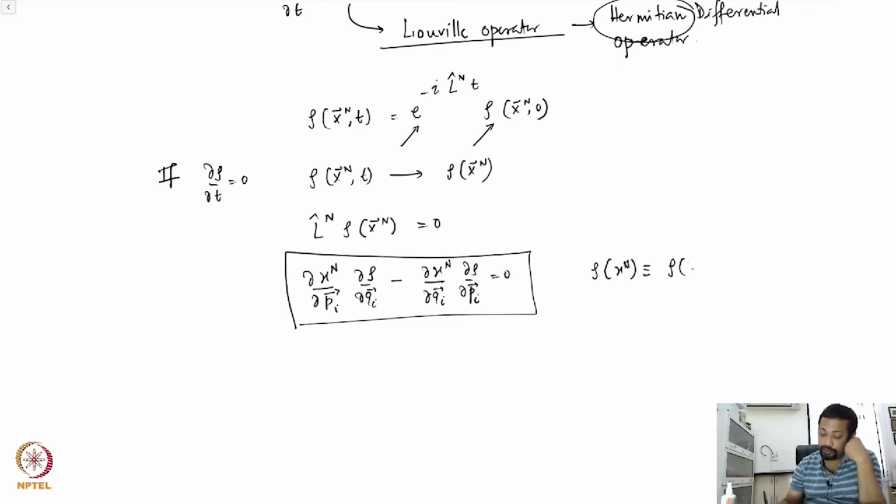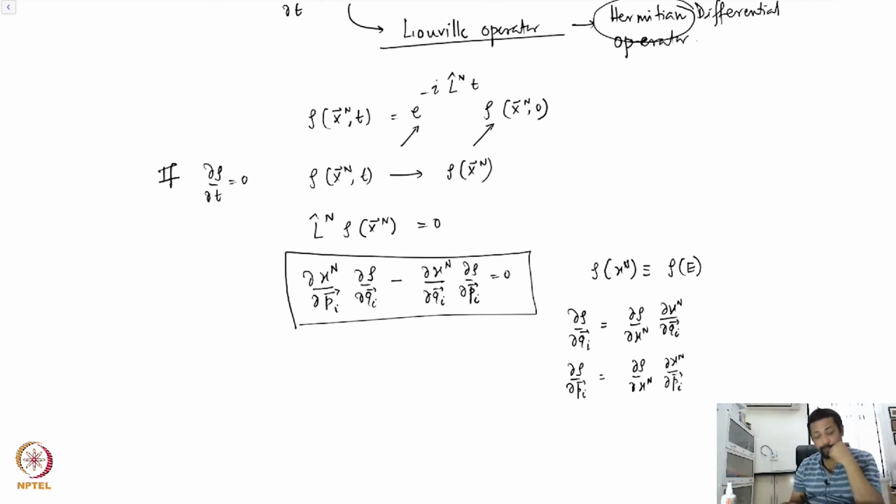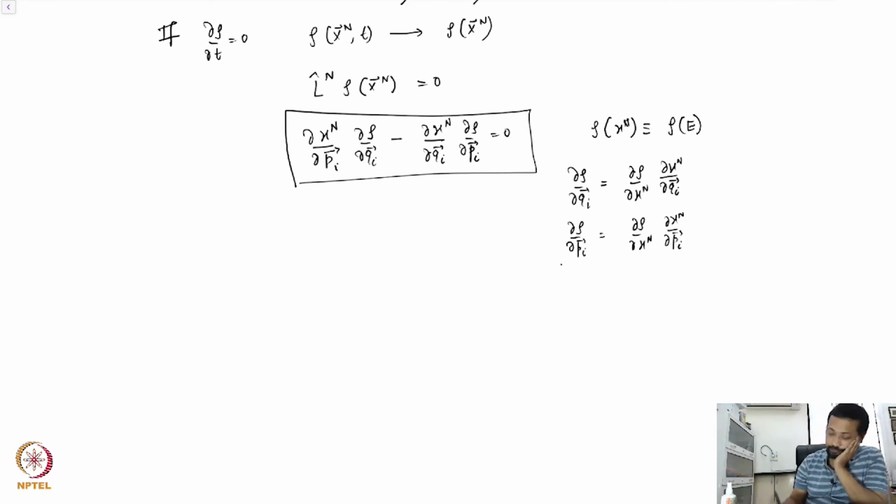If that is the case, then del rho del qi is del rho del Hn times del Hn del qi, and del rho del pi is del rho del Hn times del Hn del pi, right? And when you substitute these over here, you will see that this is going to give you 0.